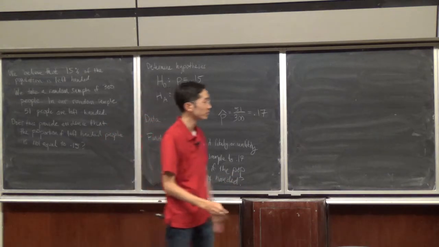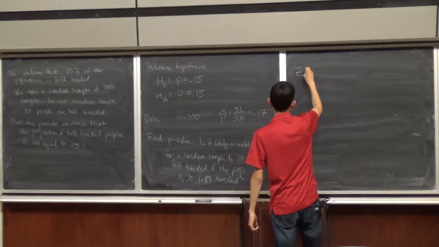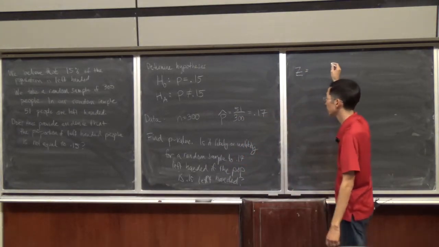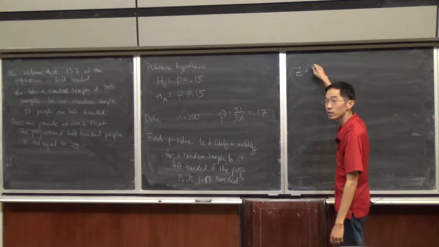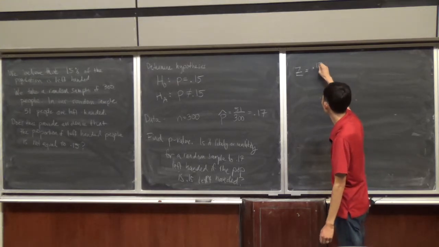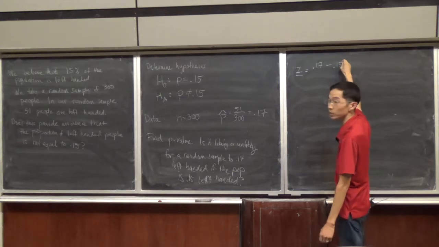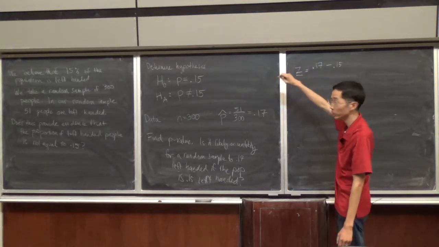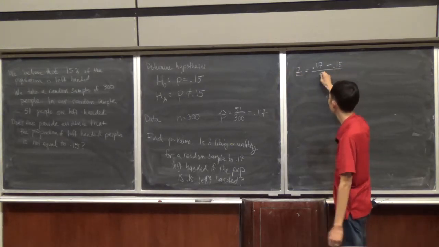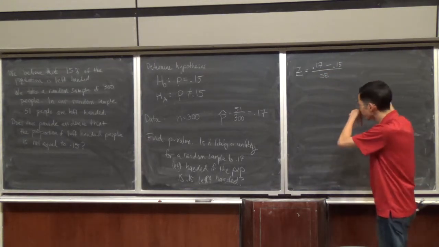Okay, so how do we do that? We get a z-score, right? So z is going to be equal to what? What did I observe? I observed 17%, and I'm expecting 15%, right? If the null hypothesis were true, I'm expecting 15%, and I divide that by my standard error. So what is my standard error?